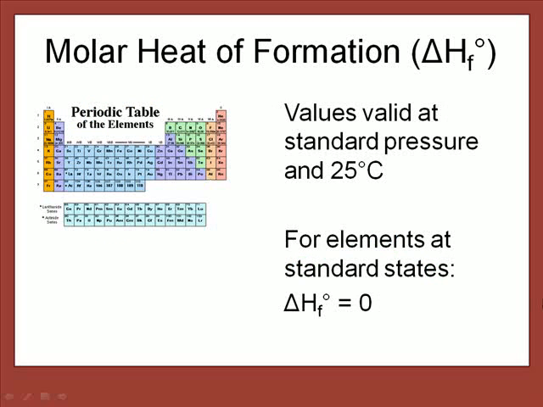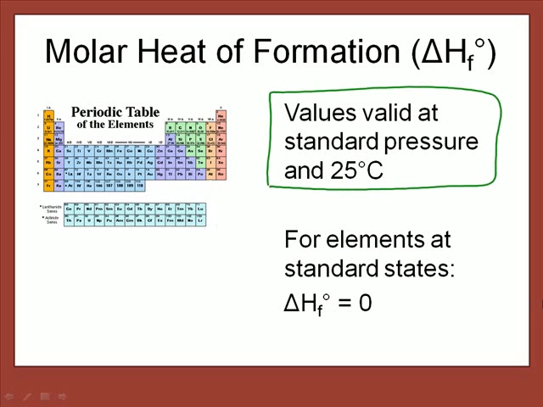We need to make sure that we know that these values are really only valid at standard conditions. And standard conditions are not the same as standard temperature and pressure. We do have standard pressure still, but now the temperature that we're interested in is 25 degrees Celsius, not 0 degrees Celsius like in gas laws. But these values are valid at these conditions.